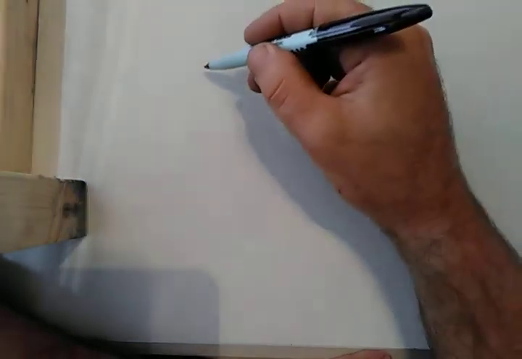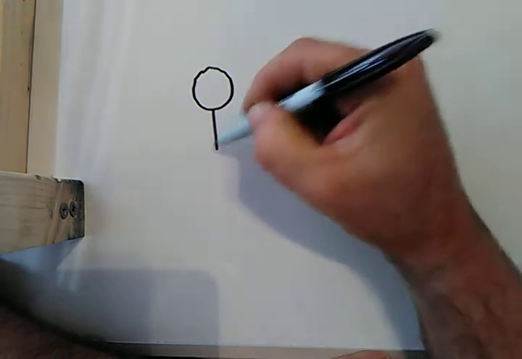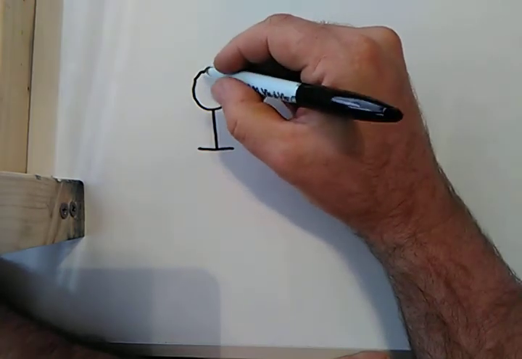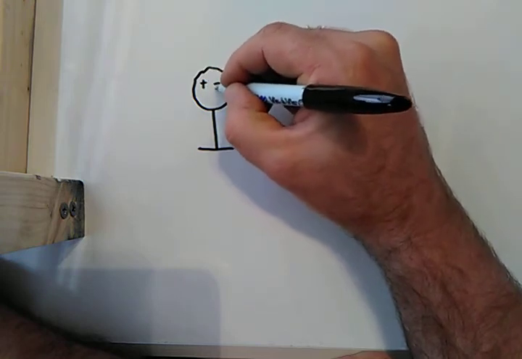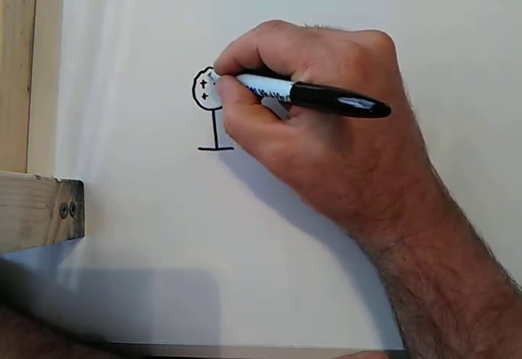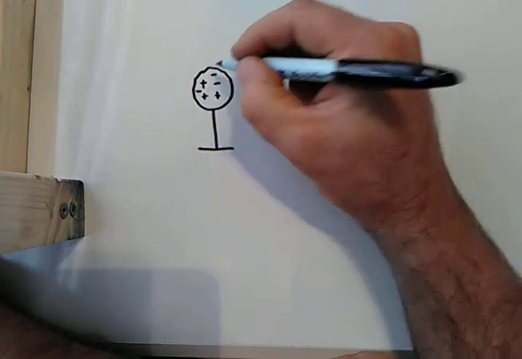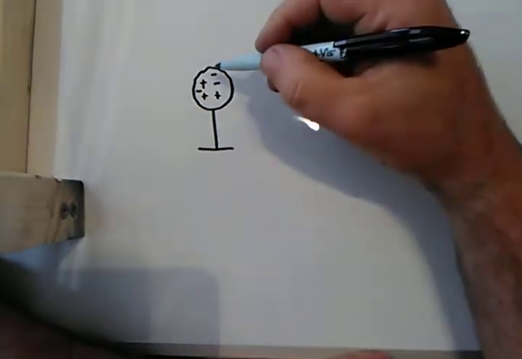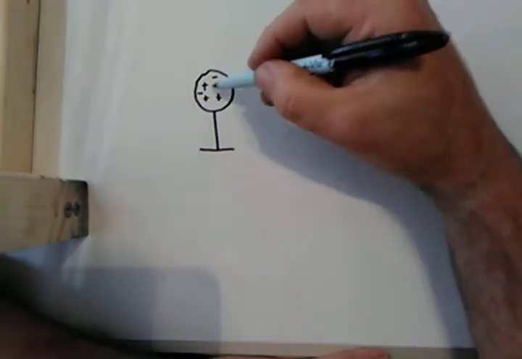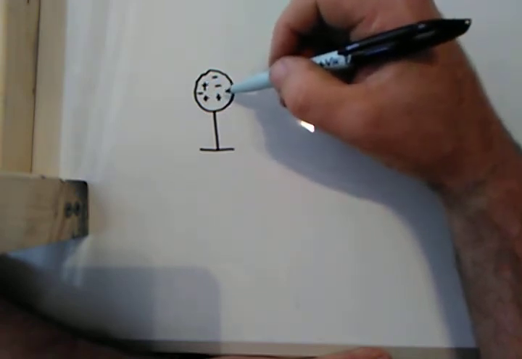Okay, so let's look at a scenario here. We'll take our sphere, and let's call it a neutral sphere. So let's say I've got particles, electrons, and then protons on the sphere.